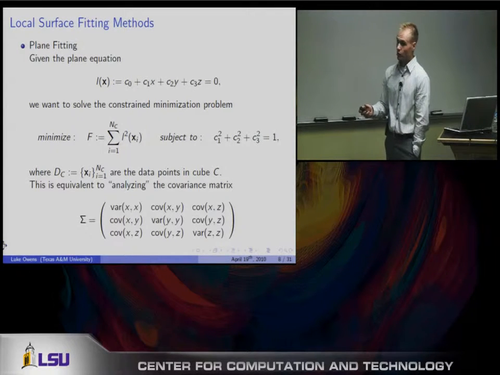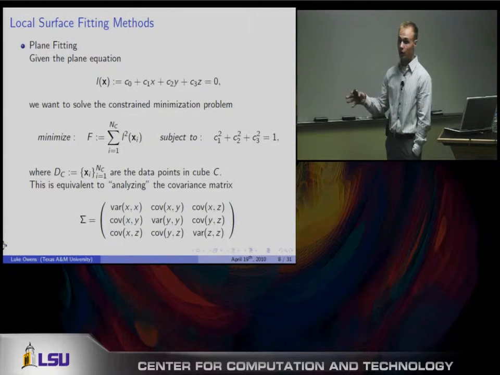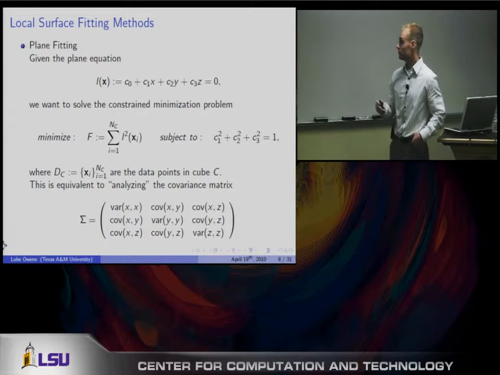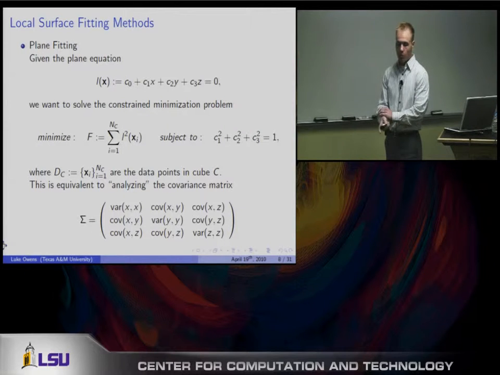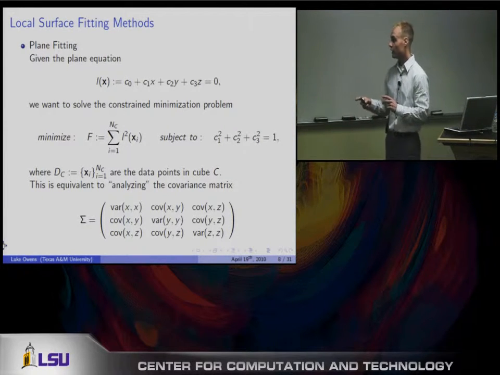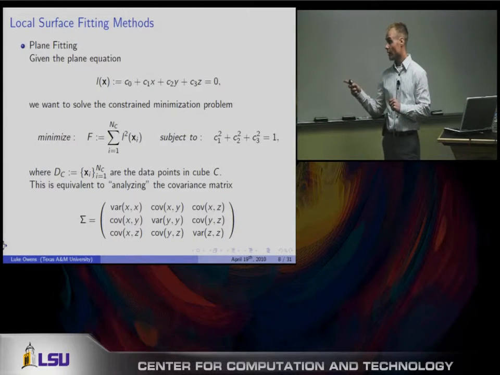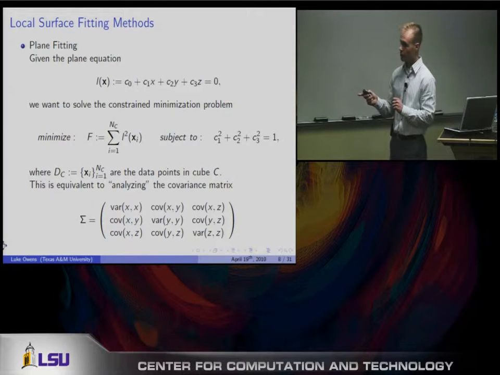All right, so if you do the technique of Lagrange multipliers, which is obvious, right? We have a constrained minimization problem. What you get is that it's equivalent to analyzing this covariance matrix. So basically, to find C0, C1, C2, C3, you find the eigenvalues and eigenvectors of the covariance matrix.